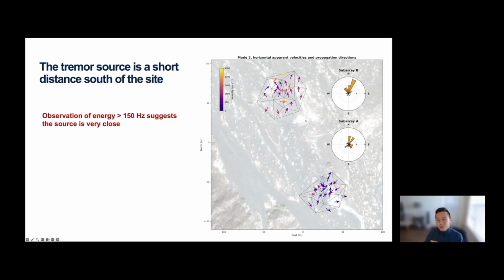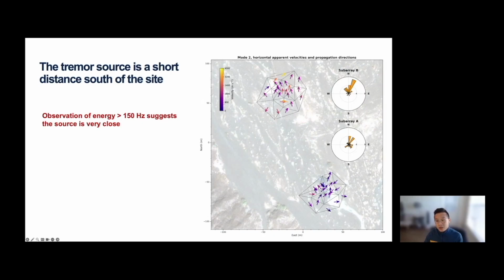However, fortunately, we have a very dense surface observation network. So we can use the differential phases between pairs of stations to derive a propagation vector for each station triad, shown in gray here. And the arrows show the local wave propagation vector for each station triad.